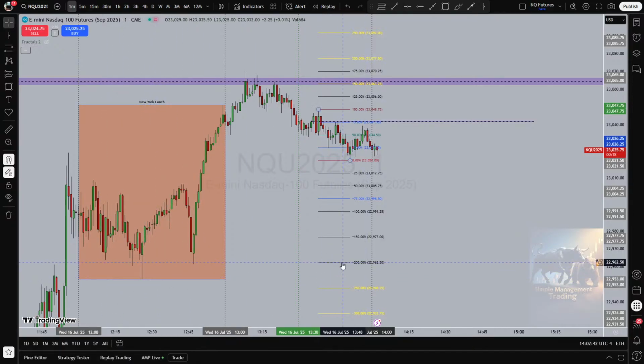It could be the 2 standard deviation, or the 2.5. It sure seems that it wants to drop to the 2316, right? Slowly but surely.